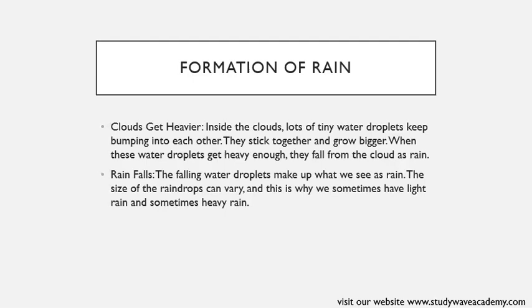Good. Today's lesson on water cycle and rain formation. We talked about water cycle as the natural process that explains how water moves around the earth. And we said there are four main stages: evaporation, condensation, precipitation, and collection. Then we talked about formation of rain.